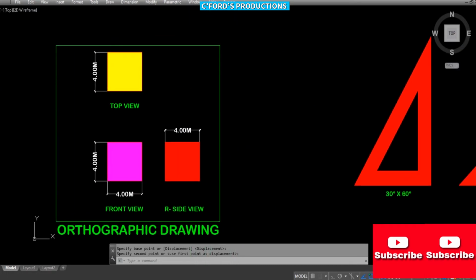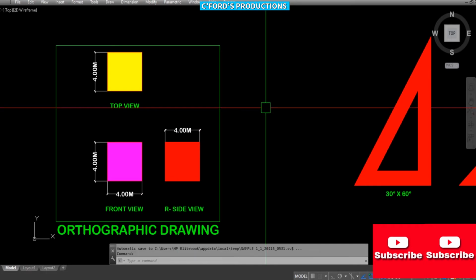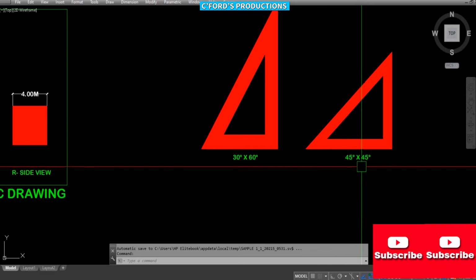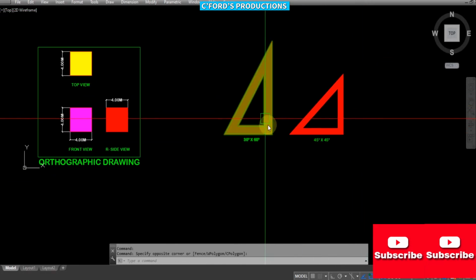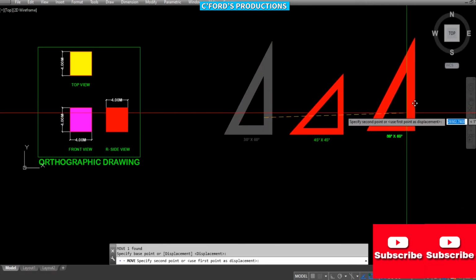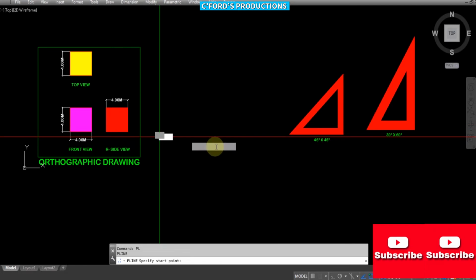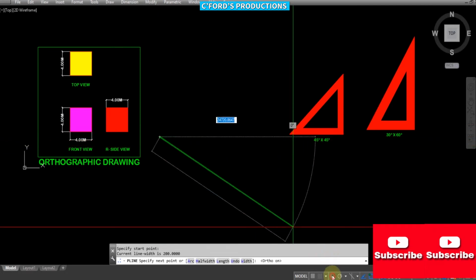We will use the 45-degree triangle, and we will move this 30 by 60 triangle. First, I will create a plane.